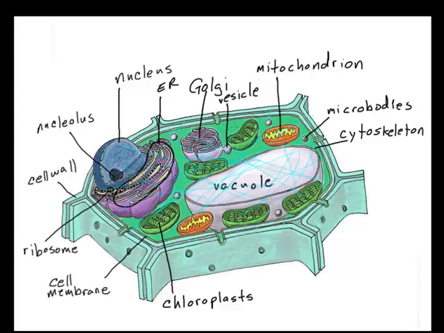All right, and the cytoskeleton is basically a series of microscopic tubules and fibers throughout the interior of the cell, and its function is to support and arrange all the various organelles in the 3 dimensions of the cell.